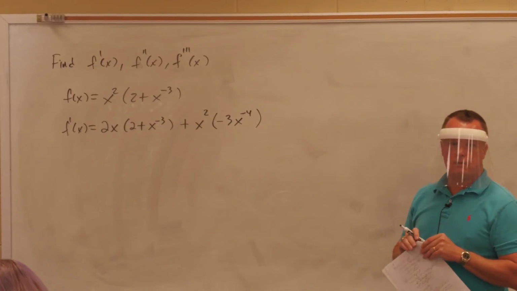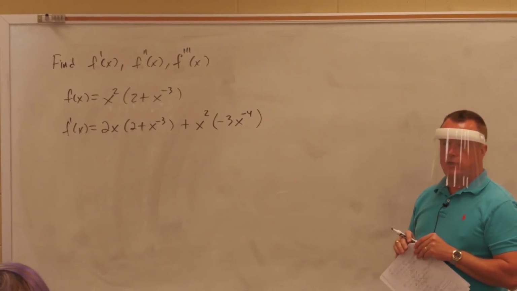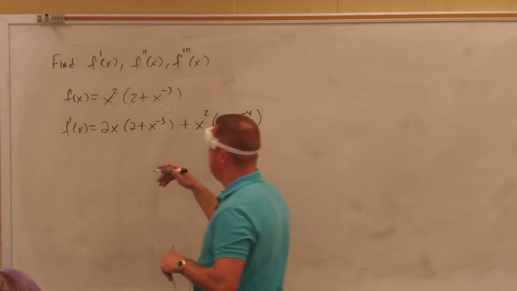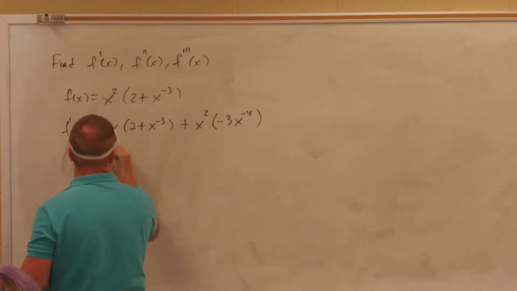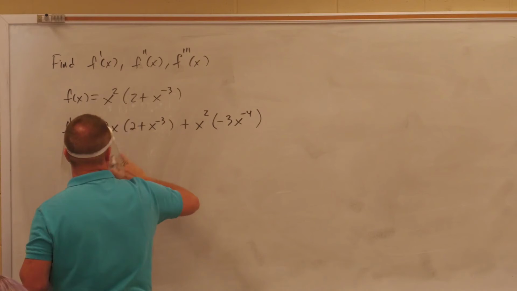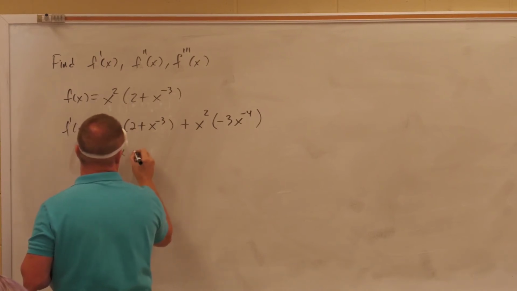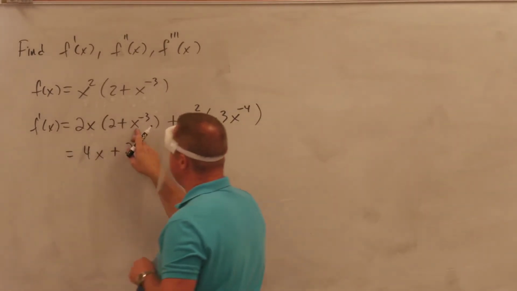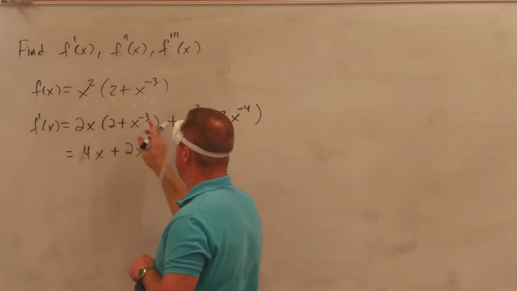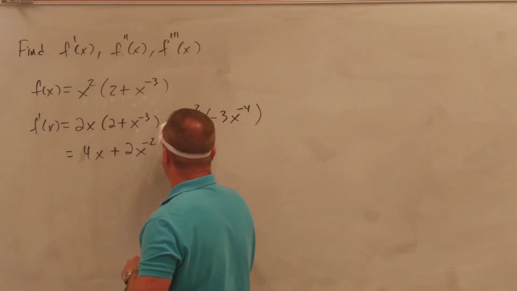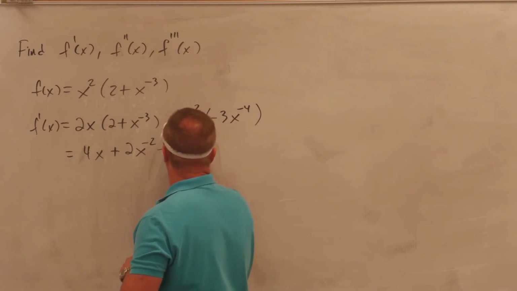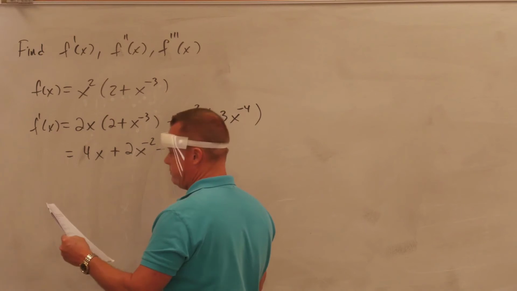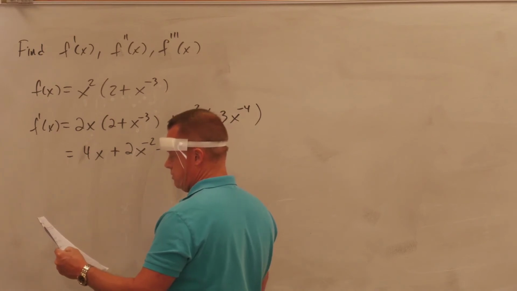Okay. Questions about that? Now that's enough for the product rule. Let's distribute this out. That would be 4x plus 2x times... if I multiply x times x to the negative 3, I add exponents, 1 minus 3 is negative 2, and that'll be minus 3x to the negative 2.